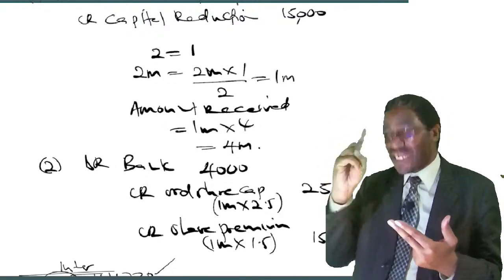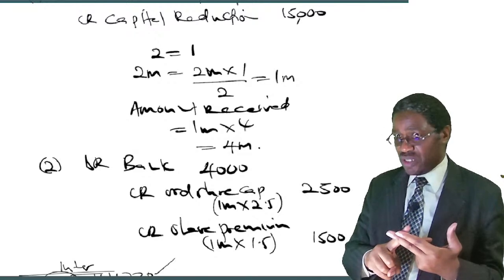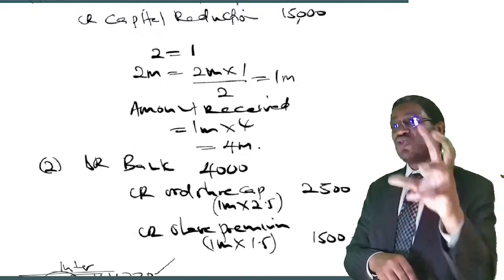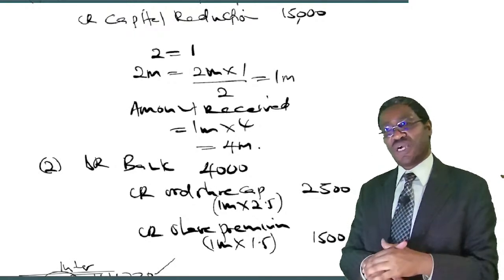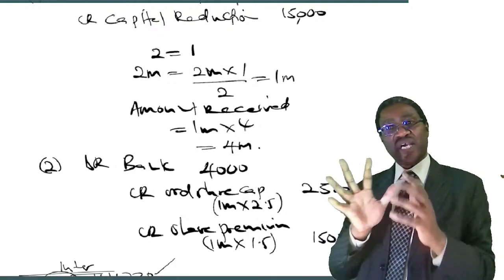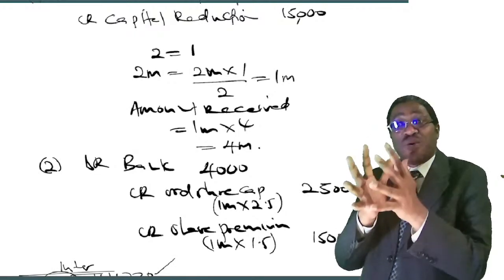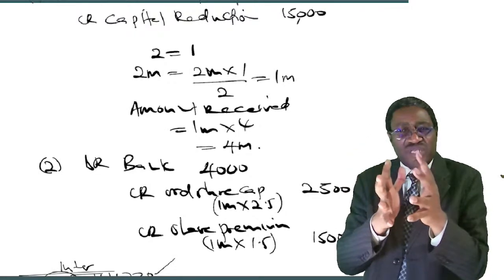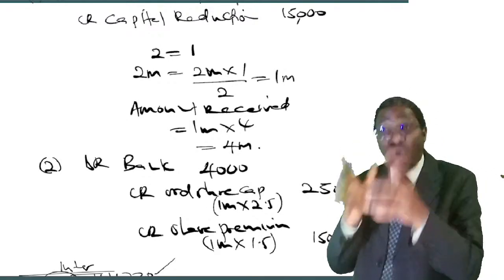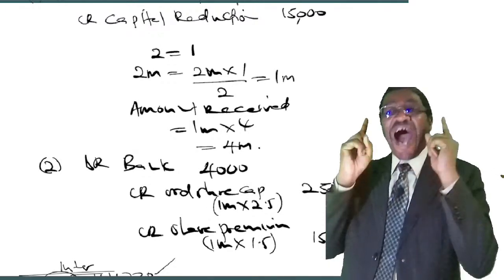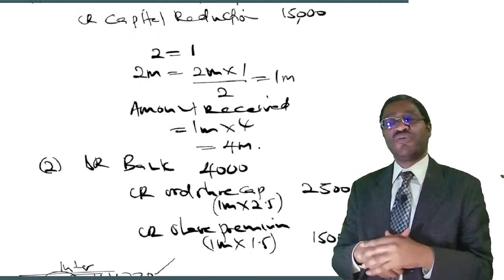You remember, at 4 shillings. So for every 2, you buy one. What about the 2 million already existing in the company? So we saw the shareholders were allowed to buy another 1 million. Then we said what amount is received: 1 million shares times 4, because the shares were being issued at 4.